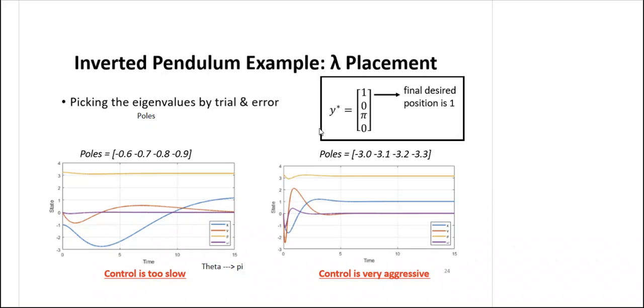We can pick the eigenvalues or poles by trial and error, just trying stuff. With some poles the control is too slow, and with others it's happening pretty quickly.